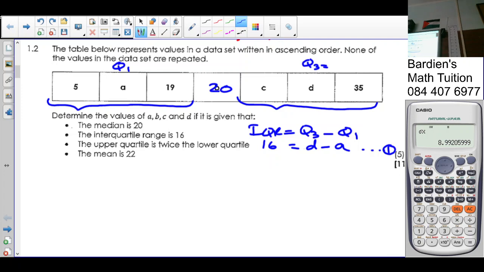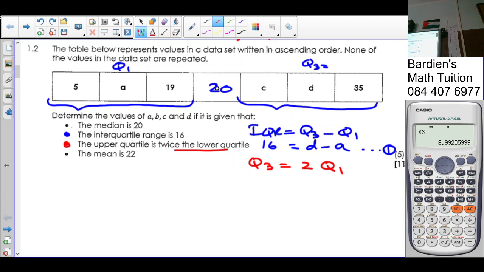The upper quartile is twice the lower quartile. So which quartile is bigger? Q3 is bigger. Okay. So for the red bullet, the upper quartile, Q3, is twice the value of the lower quartile.